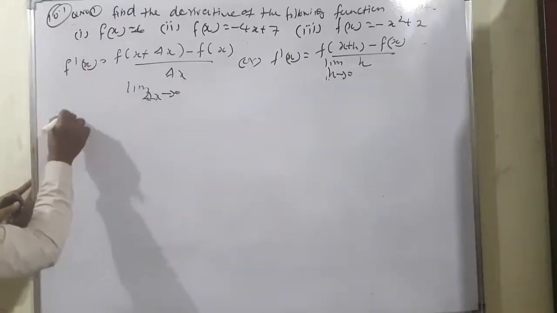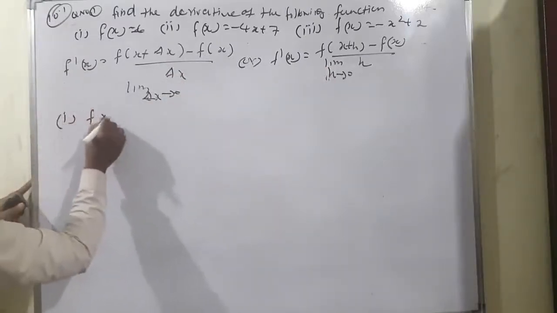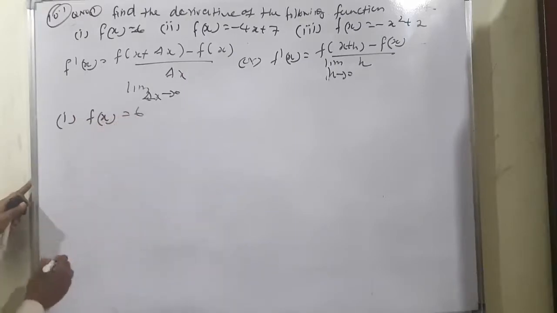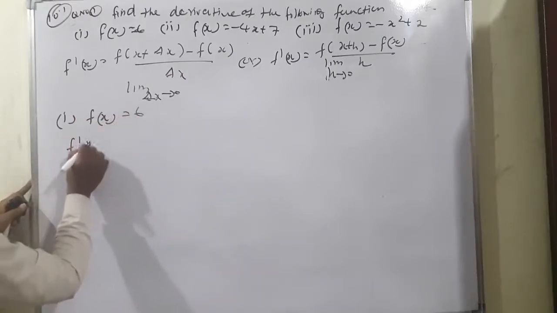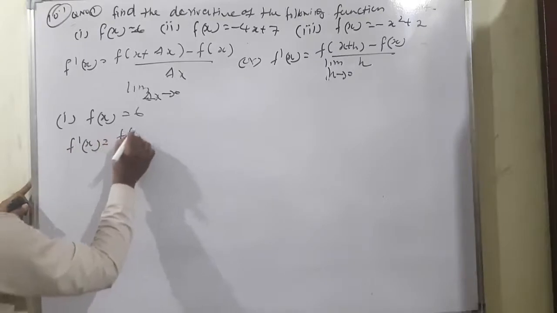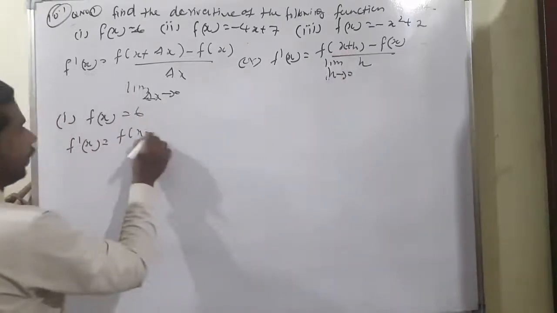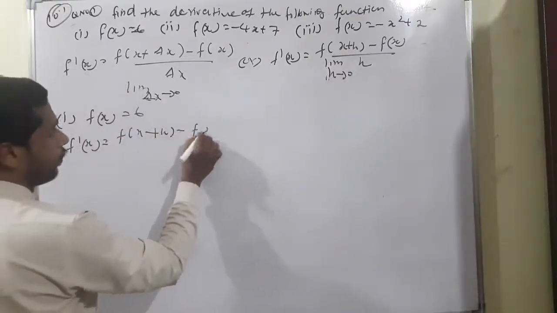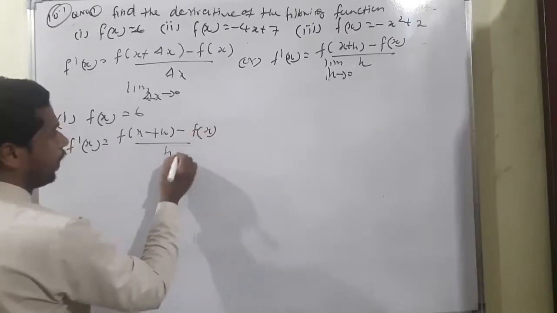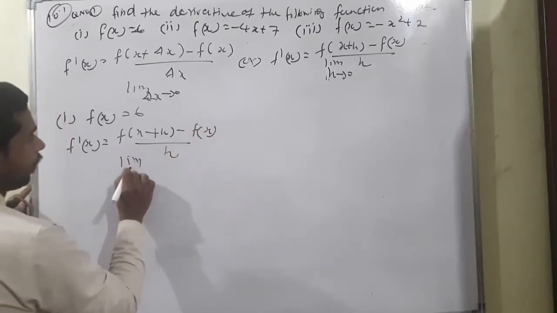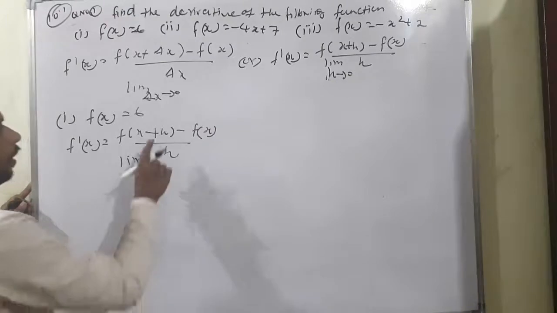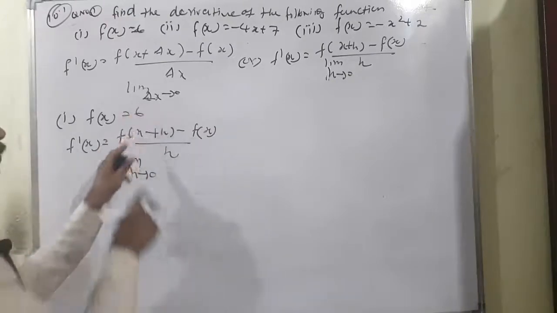Moving to subdivision 1, look at the question: f of x is equal to 6 only. Therefore, directly we can apply f dash of x is equal to f of x plus h minus f of x divided by h, the limit considered for h tends to 0. There is no x in the given question.